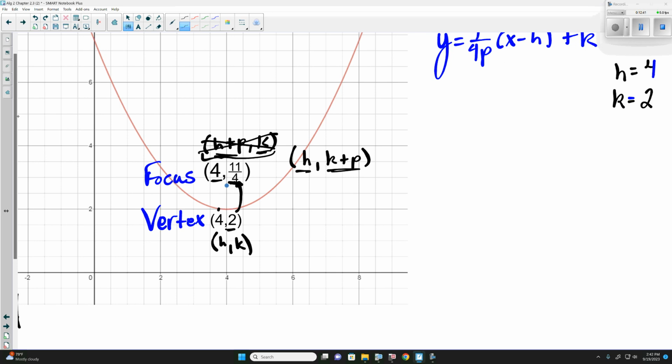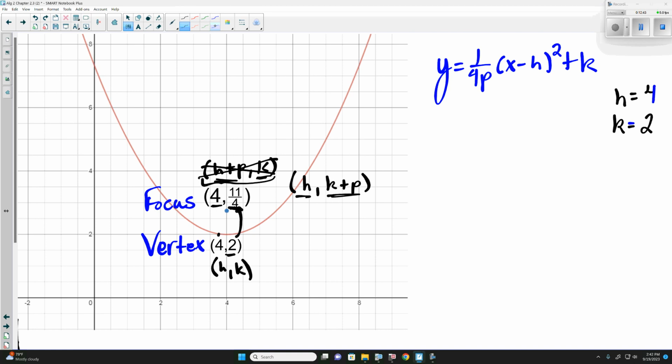Now, the only thing we need to find is the value of p. But I know that k plus p is what? Yeah, 11/4, because that's the y value of the focus. The y value of the focus is k plus p. It tells us it's 11/4, so k plus p is 11/4.